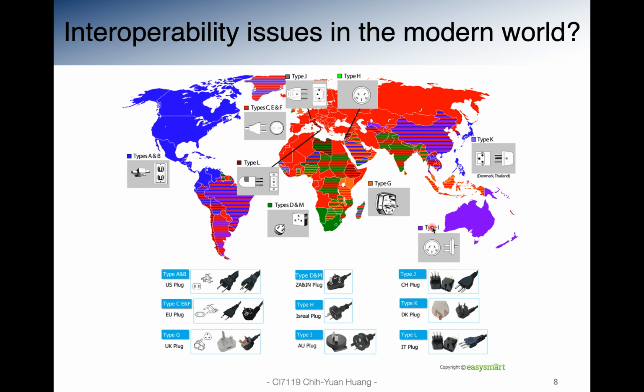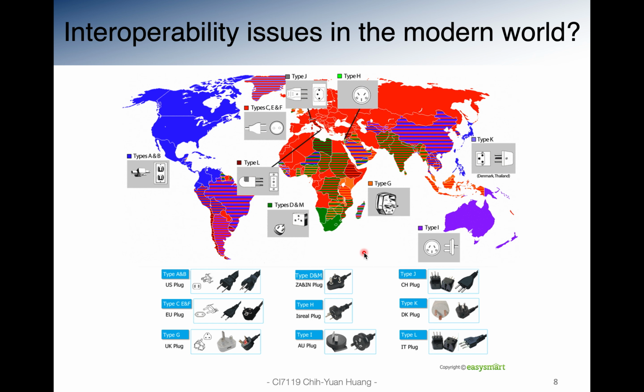If you want to use electronic devices in another country, you need to find out how to convert one system to another, so that the electricity can be obtained by just plugging into the socket. That is one of the interoperability issues in the modern world.